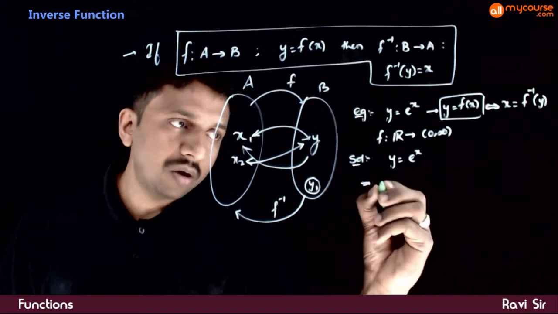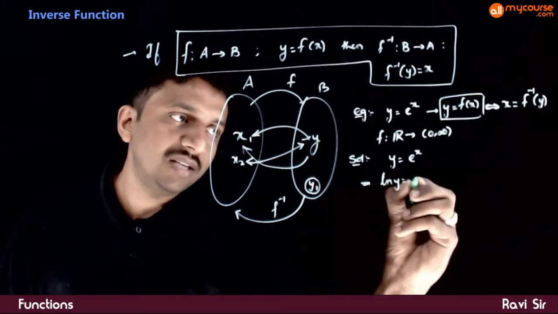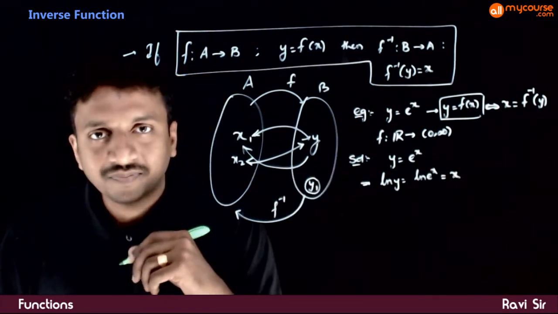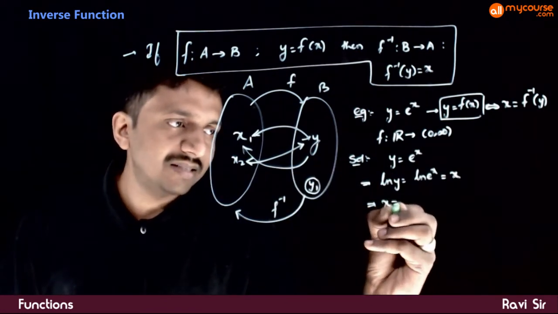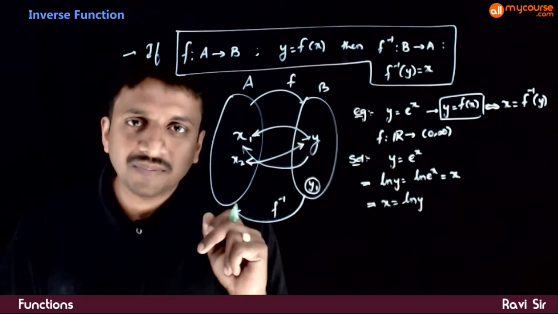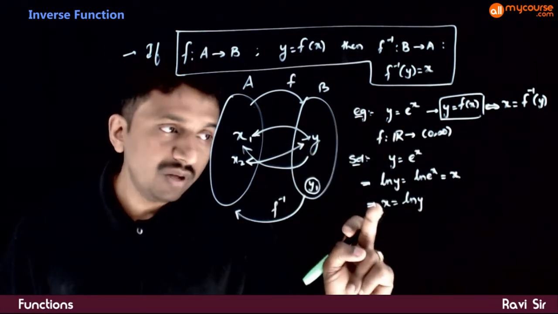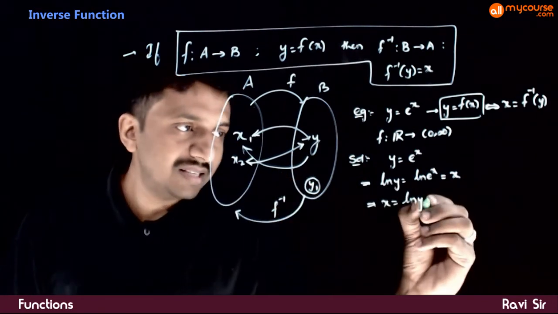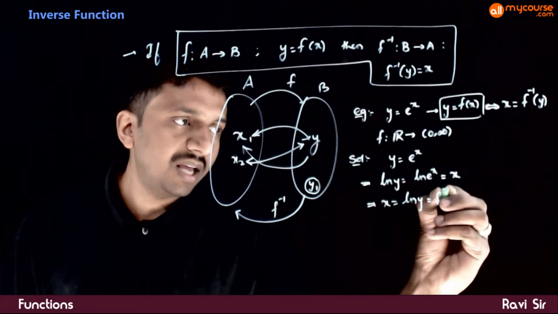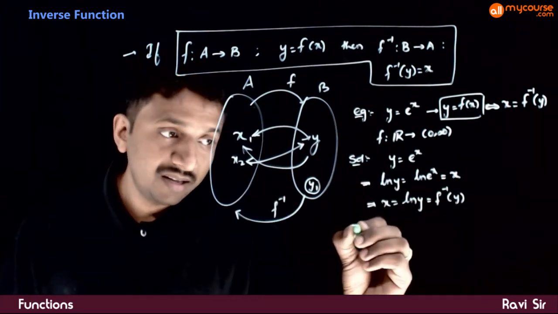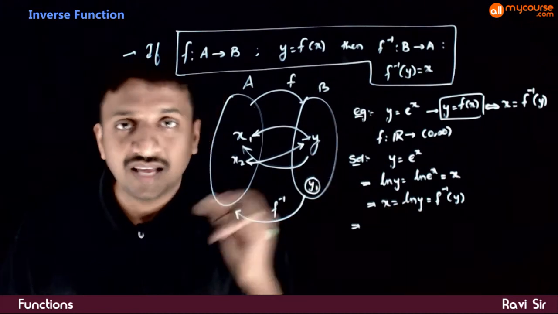If you apply log on both sides, ln y is equal to ln e power x, which is equal to x. This implies x is equal to ln y. So from y is equal to something, we have converted to x is equal to something in terms of y. This is nothing but f inverse of y, and so f inverse of y is ln y.